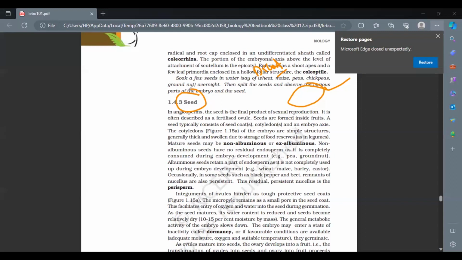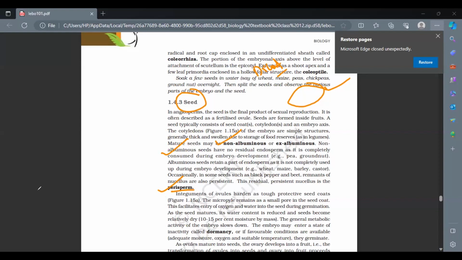That persistent nucellus is given a new term, and that is the perisperm. So terminology is very, very important in our subject. What is a non-albuminous seed with an example? What is an albuminous seed with an example? What is perisperm with an example? Make sure you know the definitions of everything, along with the examples.